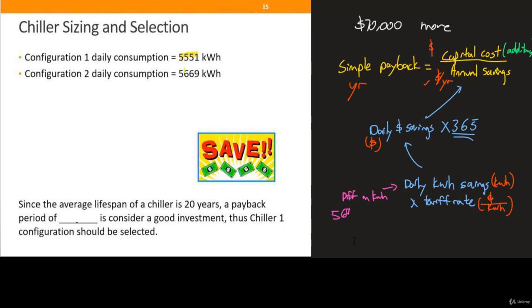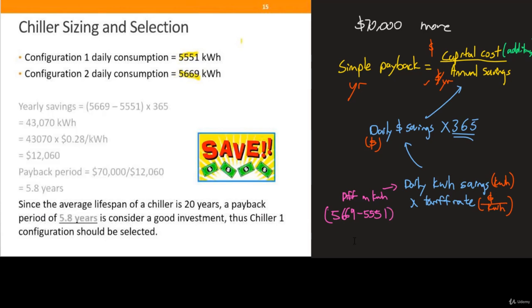That means every day, if you run these two configurations at the same time, how much are you going to save if you choose 1 instead of 2? So you take the difference, and next you multiply by 365. This is your daily energy saving. You multiply by 365, and this 43070 is your annual savings in terms of kilowatt hour.